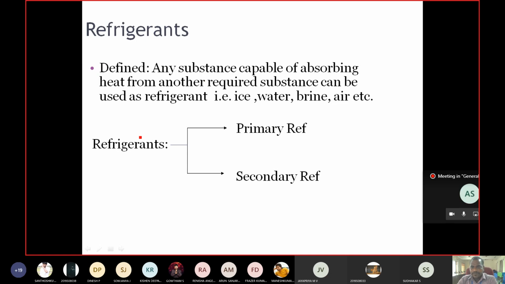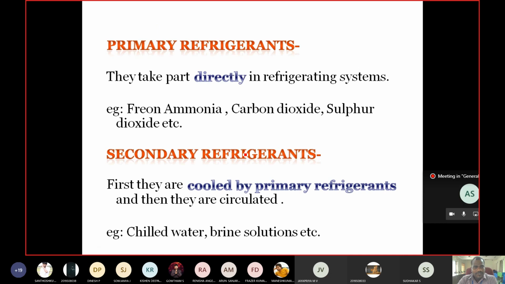From this criterion we can classify refrigerants as primary refrigerants and secondary refrigerants. Primary refrigerants take part directly in the refrigerating system. Examples are freon, ammonia, carbon dioxide, sulfur dioxide, etc. We can use freon, ammonia, carbon dioxide, and sulfur dioxide directly to get the refrigeration effect.